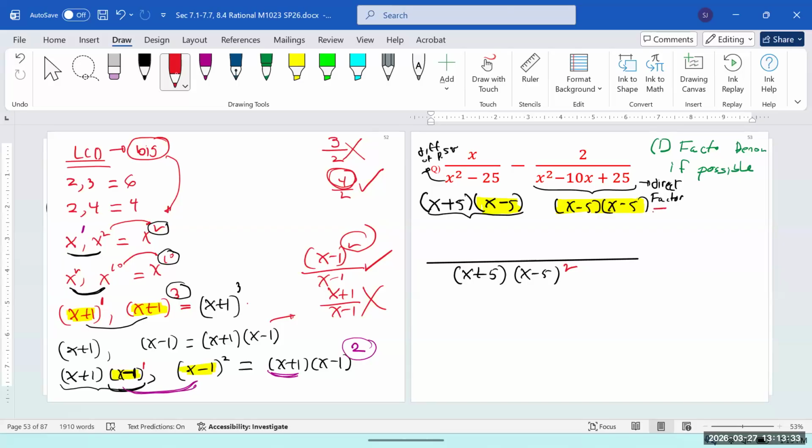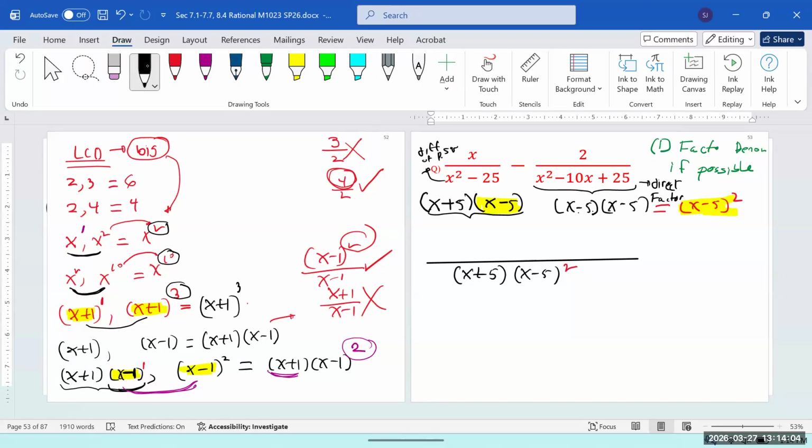So if this is easier for you, you can write this as x minus 5 squared. And then you can compare x minus 5 and x minus 5 squared. Square is the winner. Take that. Can you just keep it as x minus 5 times x minus 5?